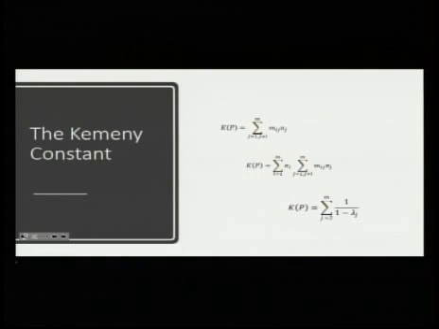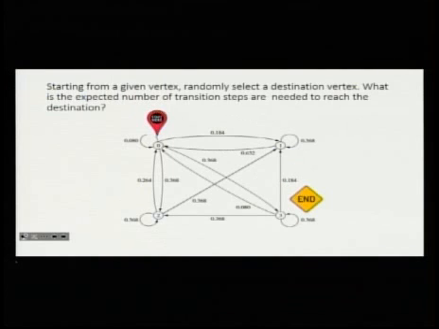Okay. All right, the Kemeny constant. So suppose we play the following game. Say we've got a state transition diagram, and we're given some vertex to start from, like maybe 0 here. And then we just randomly select some other destination vertex to go to.